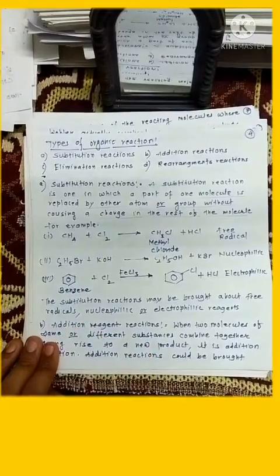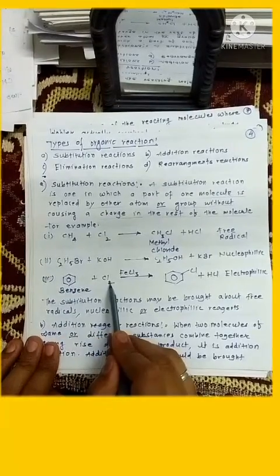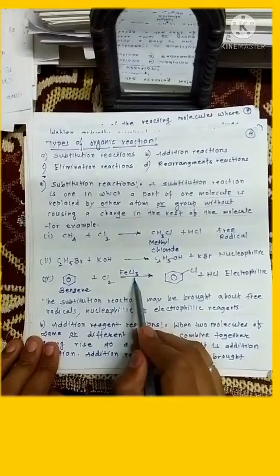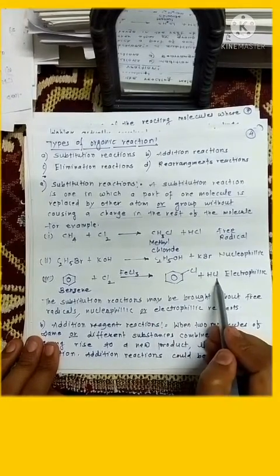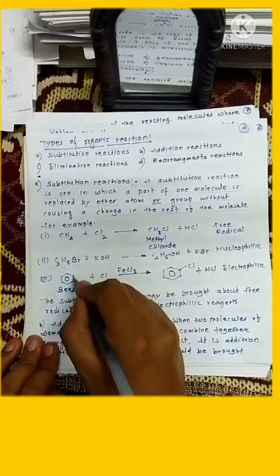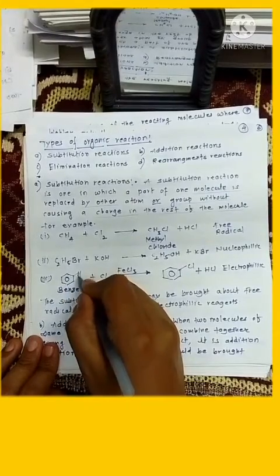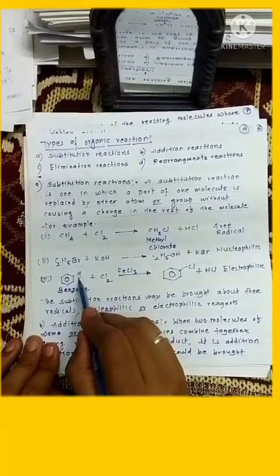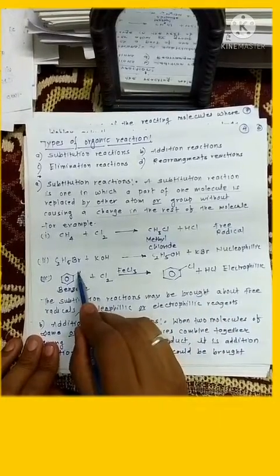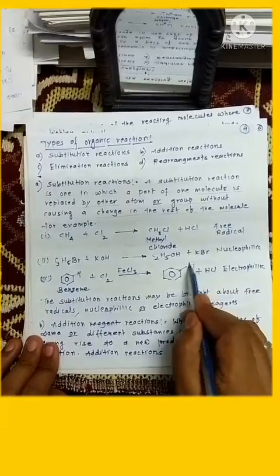Just see the third reaction, when benzene is reacted with chlorine in presence of FeCl3, we got chlorobenzene and HCl. So in benzene, each carbon carries one hydrogen. So one can simply say that this hydrogen is substituted by a chlorine atom.